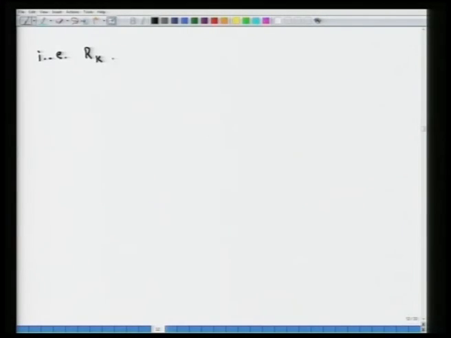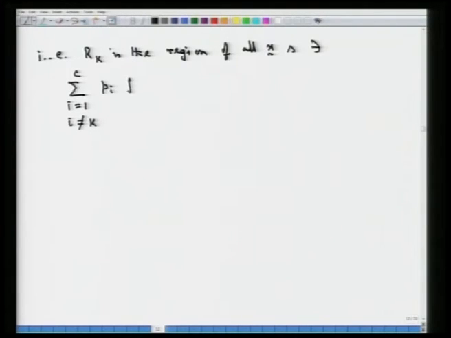That is, R_k is the region of all x's such that we have got this summation that we had written in the previous slide, summation i equal to 1 to c, i not equal to k, of pi_i f_i(x) into c(k|i), to be the smallest.